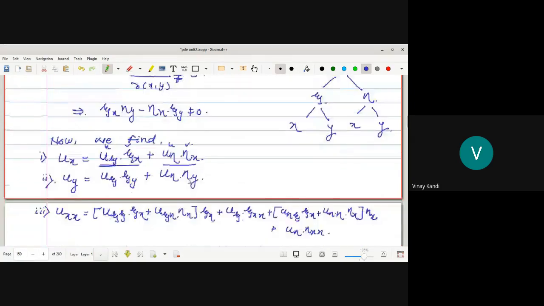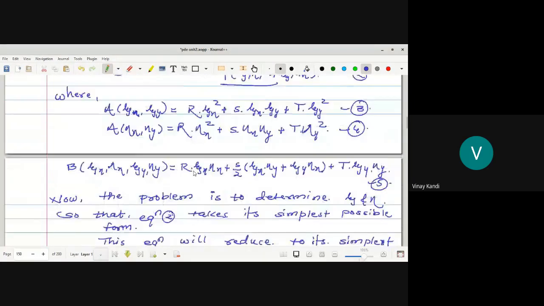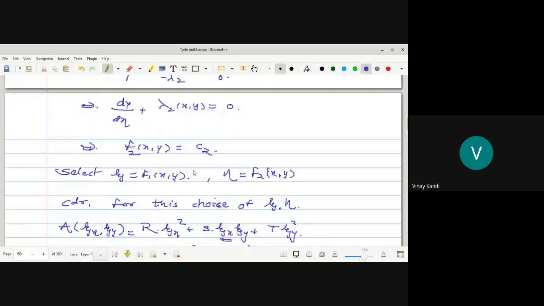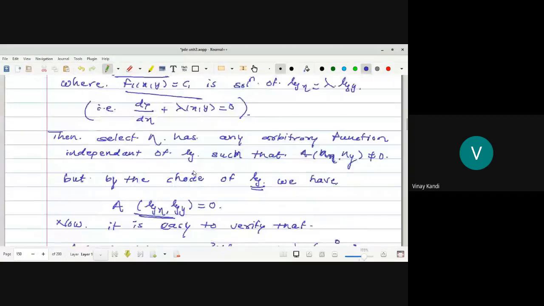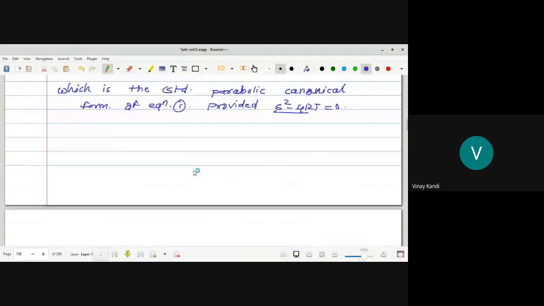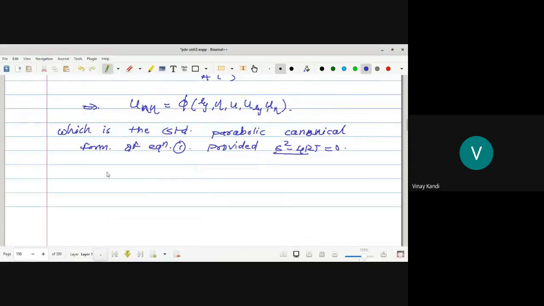Hence, if s square minus 4rt is equal to 0, then the given partial differential equation, second order semi-linear, okay, is in the parabolic form, provided s square minus 4rt is equal to 0.